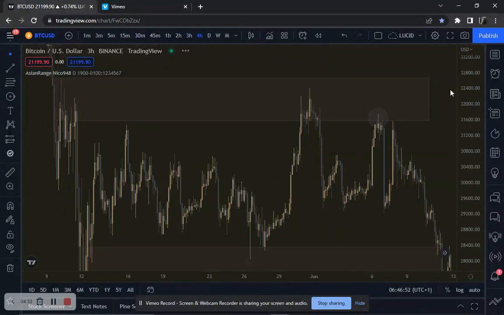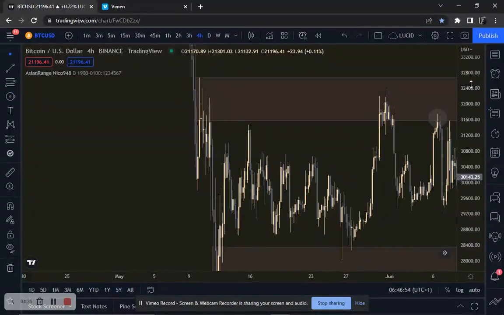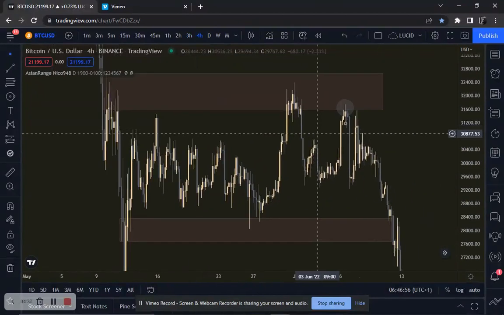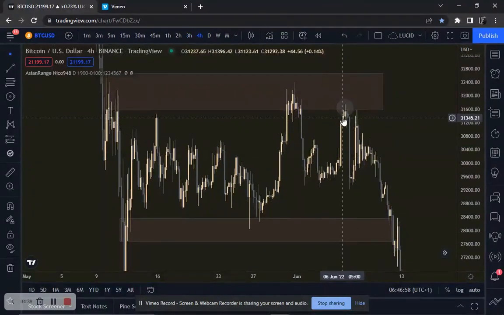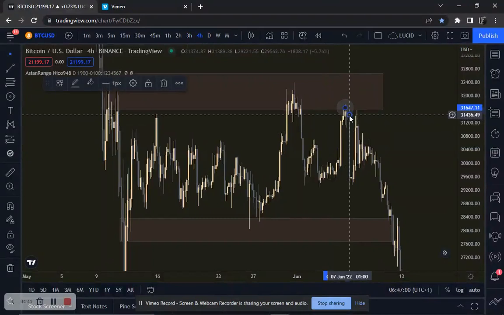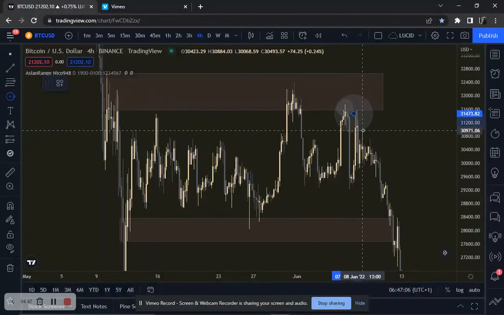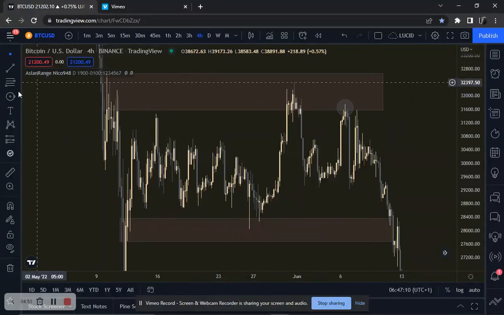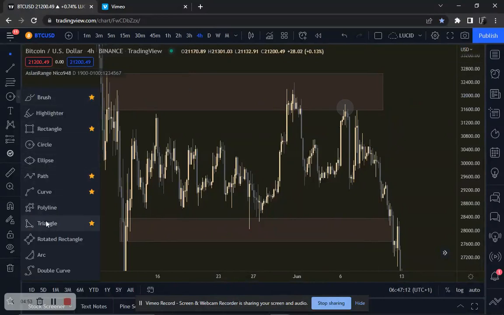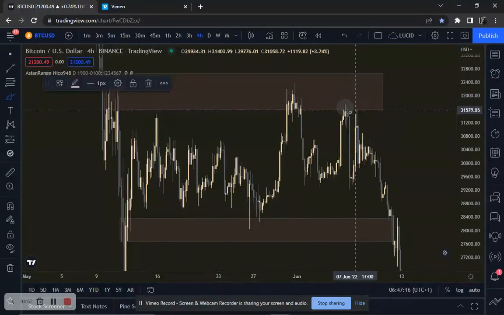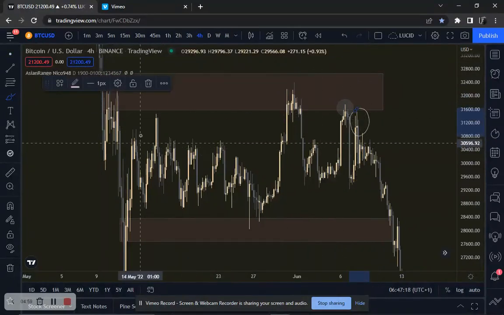So let's actually go a bit higher. On the higher time frame, this would be a doji candlestick, right? And this would be another doji candlestick. Let me use this object brush. So this is a doji candlestick, right?